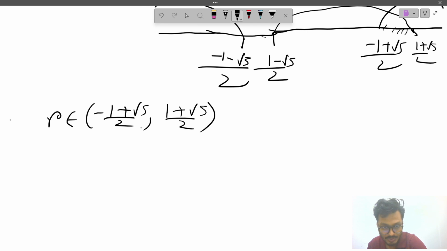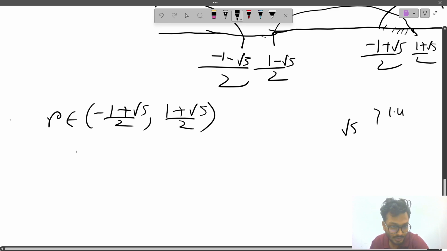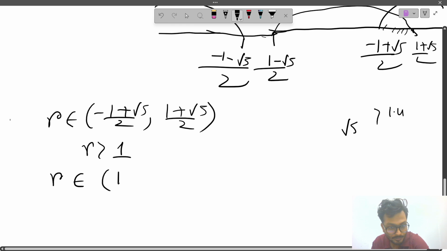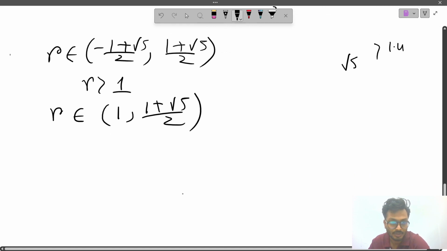This quantity is less than 1, because root 5 is somewhere around 1.4, so this will be less than 1. So r is greater than 1 also. So what will be the range of final r? r will be (1, (1 + √5)/2). So this will be the interval where r belongs to.